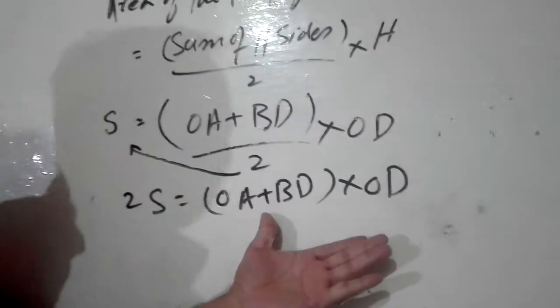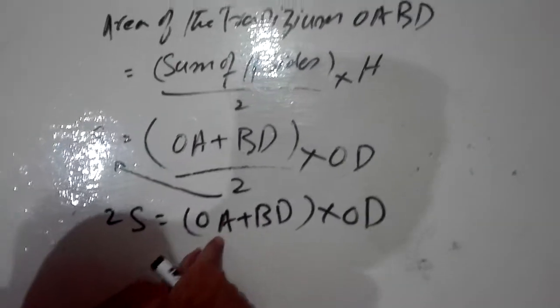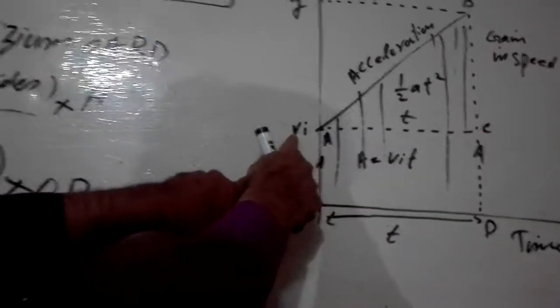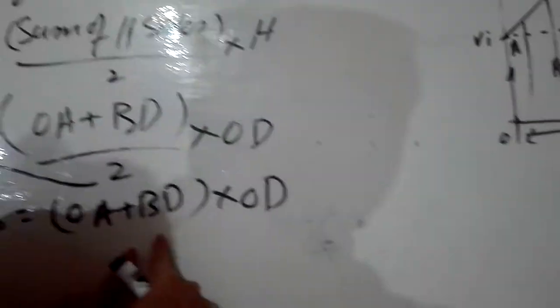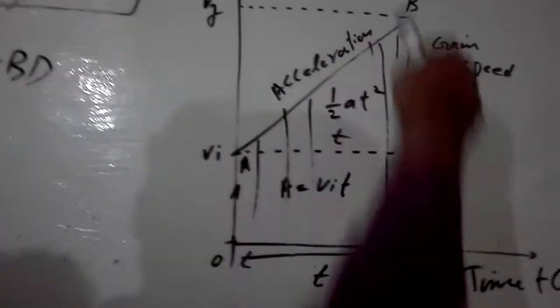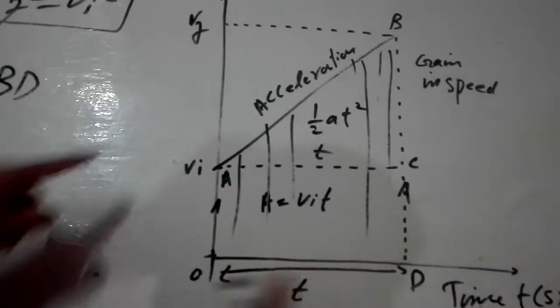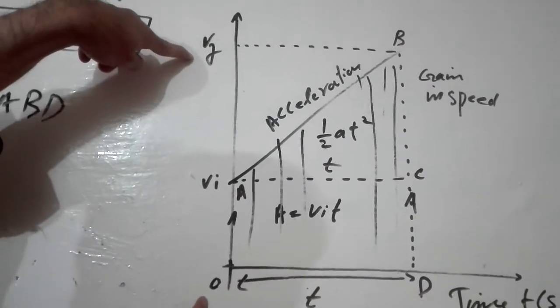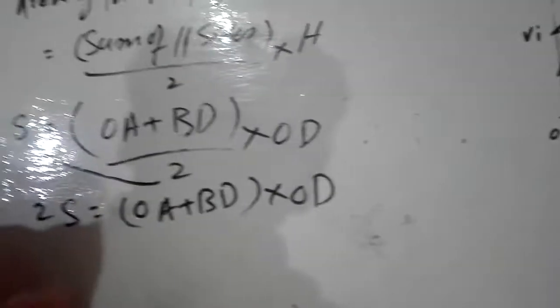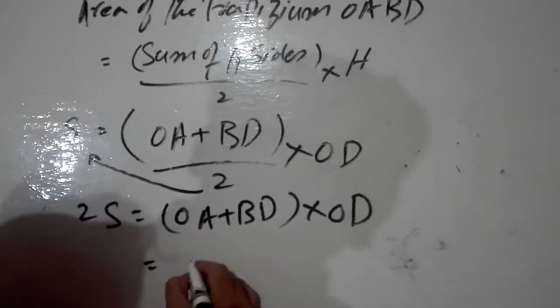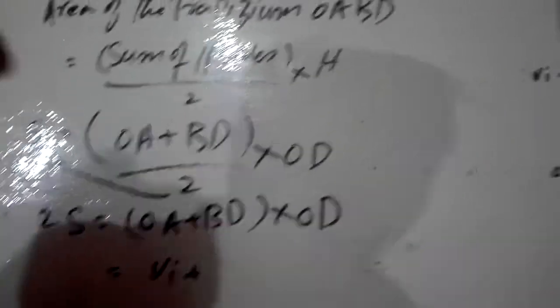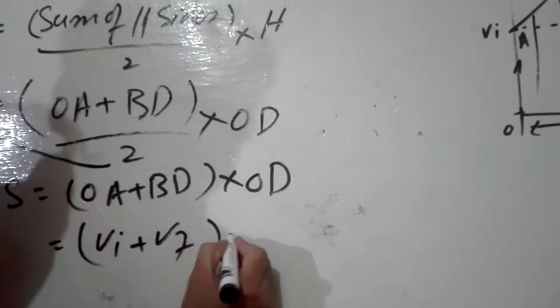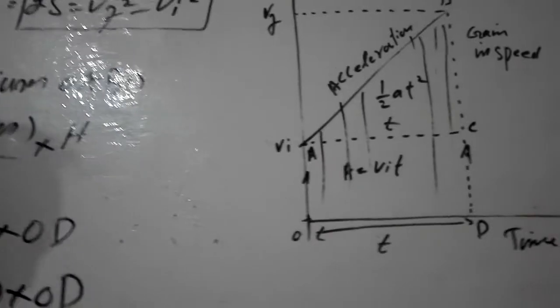Okay, now you have to substitute the values. What is OA? OA is VI, meaning initial velocity. What is BD? BD is showing the final value, VF. So I will put these values. OA is VI and BD is the final value, VF. And what is OD?